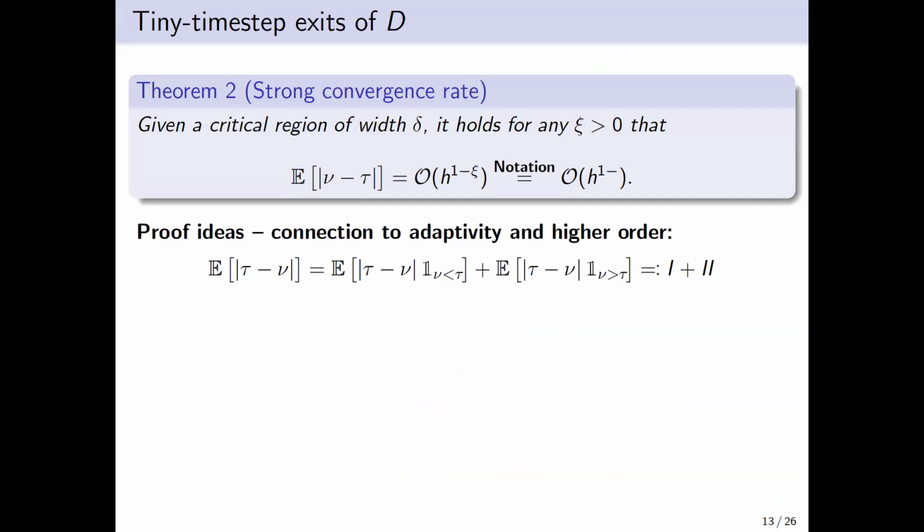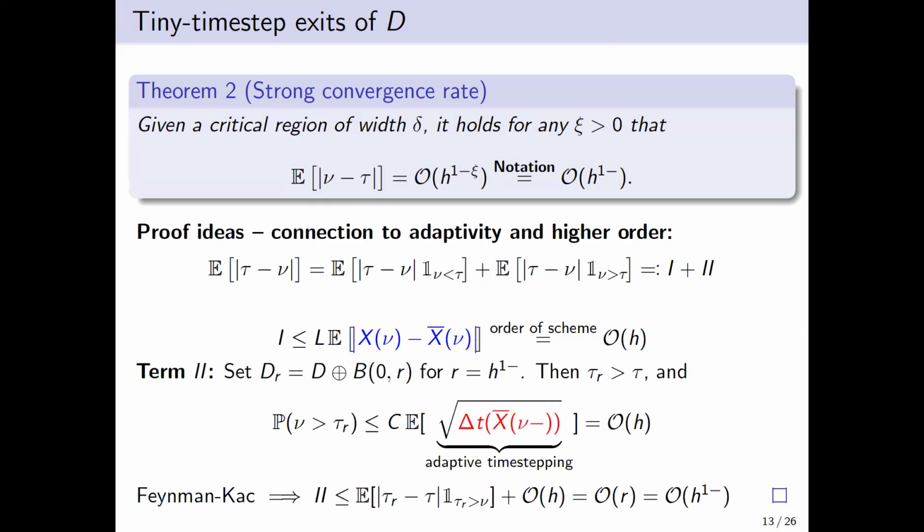Because of this, we actually achieve a strong convergence rate which is essentially order h. So it's order h minus epsilon for any epsilon positive. I'm going to write it as order h to the 1 minus. Proof ideas. I'm not going to say so much, but let me split the strong error into two events: the event that the numerical exit time is smaller than the true one, and the opposite event.